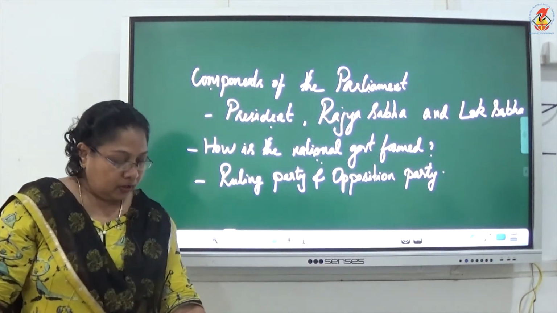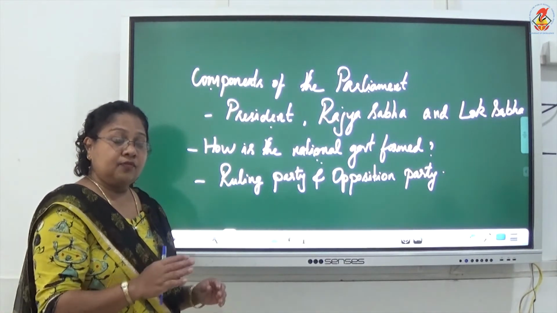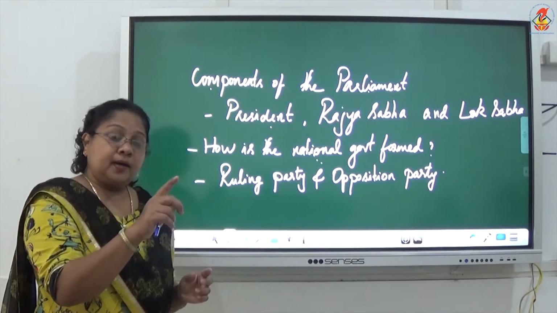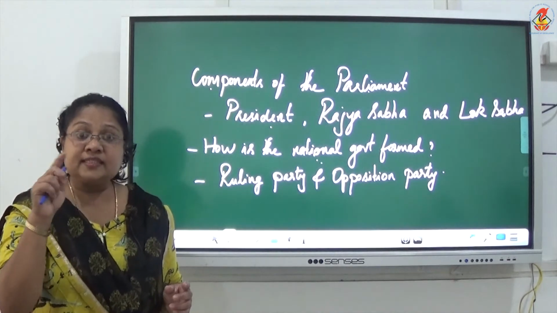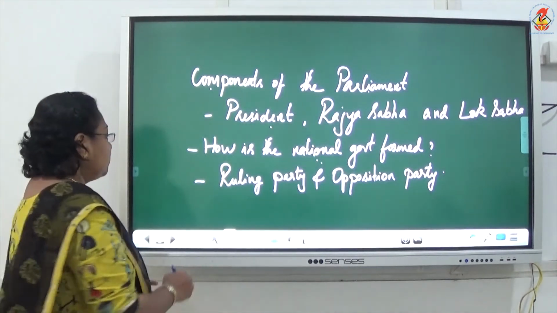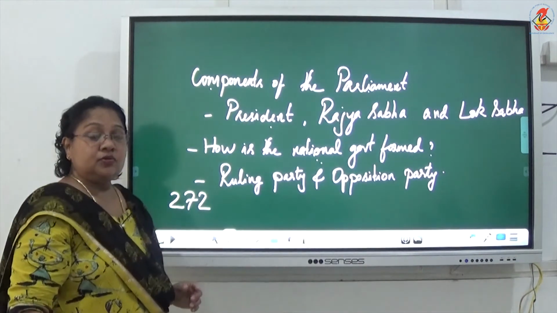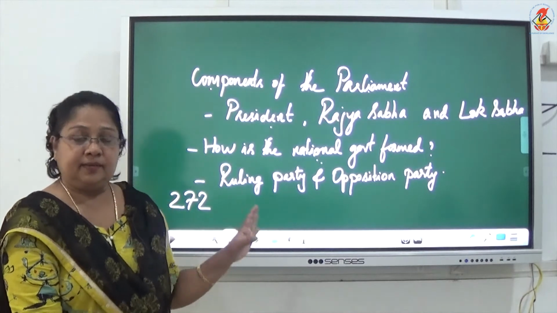The total number of seats is 543. So, the majority is obtained by a party only when it secures 272 seats. When the party obtains 272 seats, we say that the party has a clear majority.